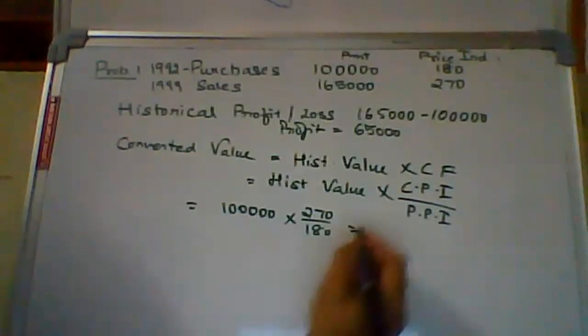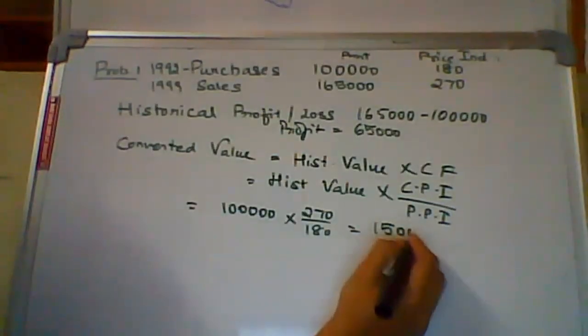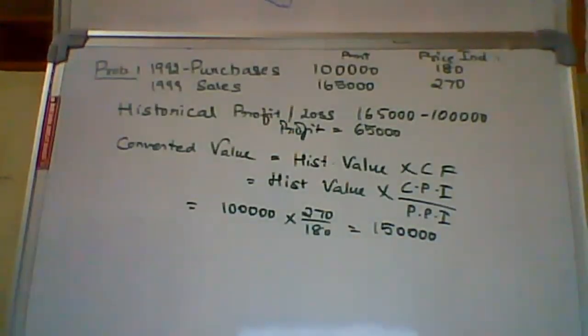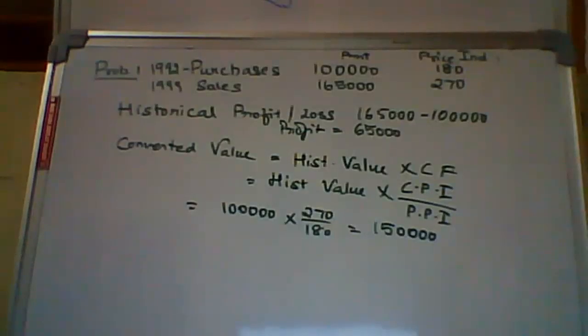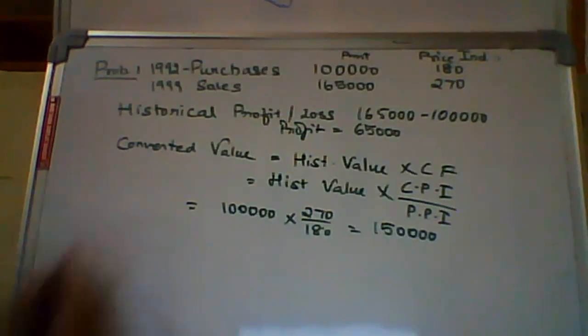So how much is the converted value which I am getting? I am getting a converted value of 1,50,000. 1 lakh into 270 divided by 180. So you are getting 1,50,000.